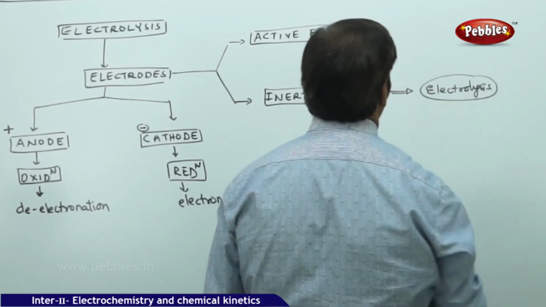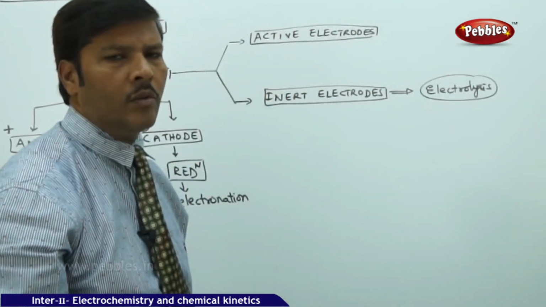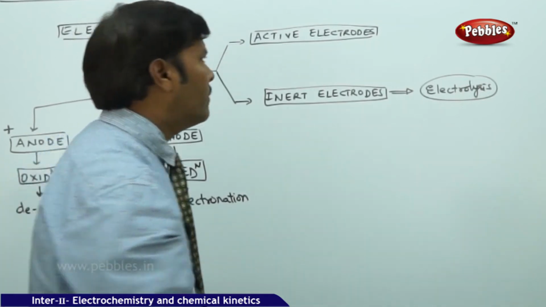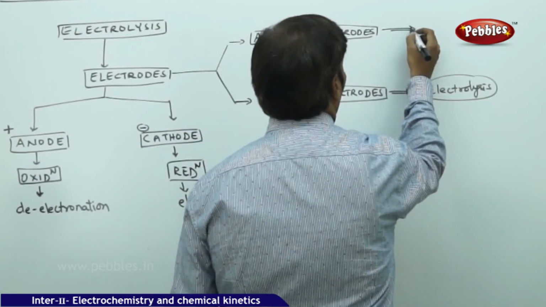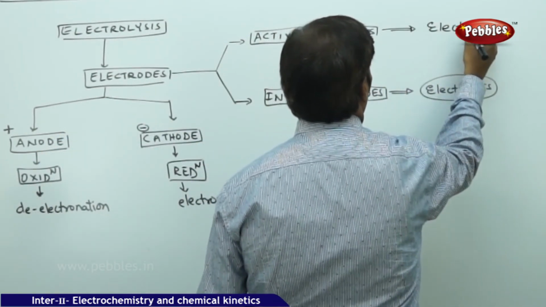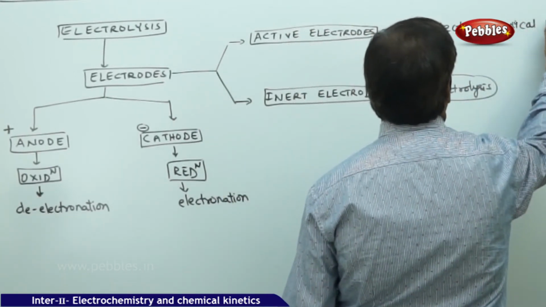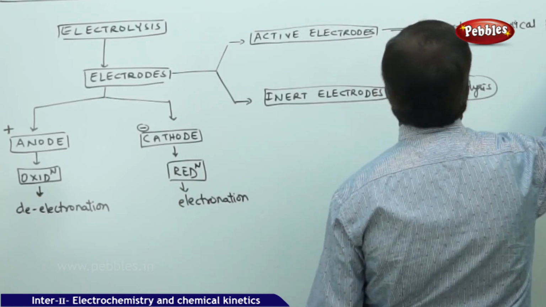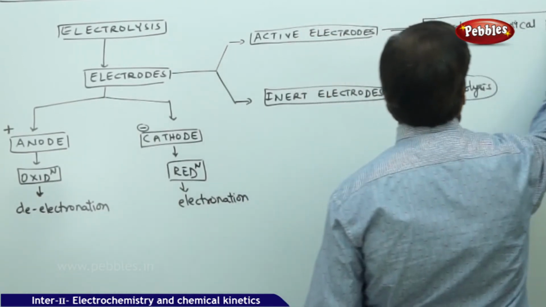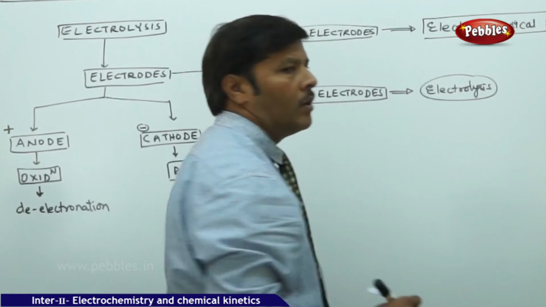If the process is electrolysis, then we usually use inert electrodes only. But if the process is an electrochemical process, then we usually use active electrodes. That we have already done in the electrochemical process.